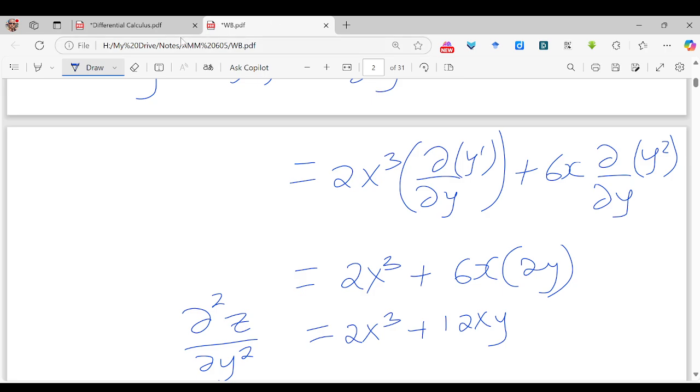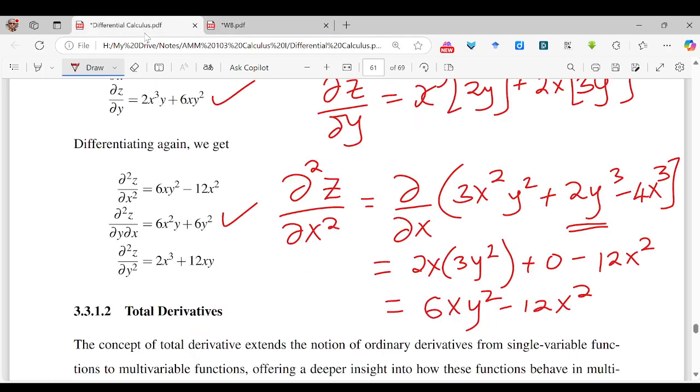So these are the three second order partial derivatives. When you want to find the second order partial derivatives, the first thing is to find the first order partial derivatives. Then we differentiate these functions again, partially with respect to x and also partially with respect to y.